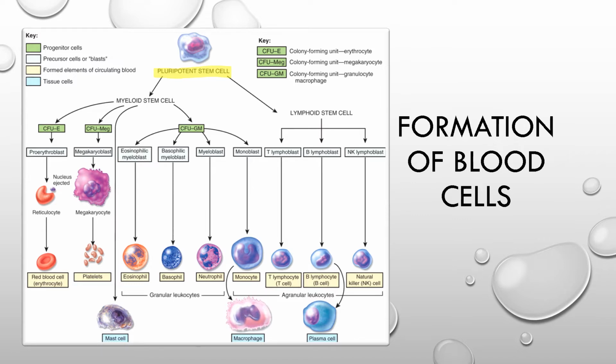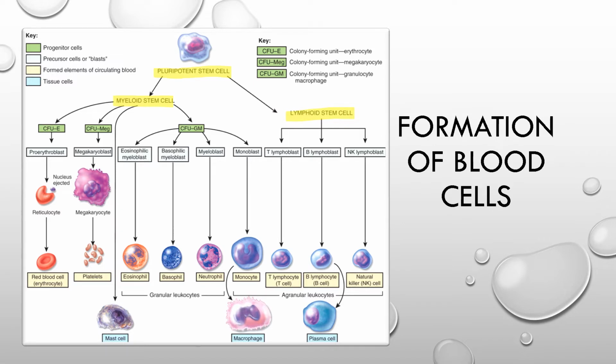Now, in order to form blood cells, these pluripotent stem cells in red bone marrow produce two types of further cells. And these are also going to be stem cells. And these two stem cells have the capacity to develop into several other types of cells. So these two other stem cells that the pluripotent stem cell will develop into are either myeloid stem cells or lymphoid stem cells.